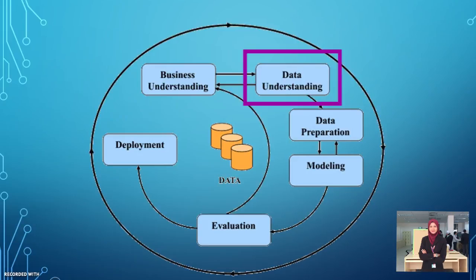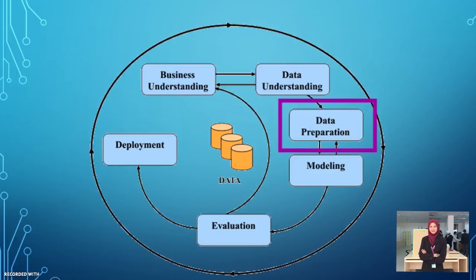And for the next stage, the third stage is data preparation. We didn't do any conversion of data because the data is already in the form that we want. What we do is only remove or replace the missing values with the right values, so that there is no noisy data.